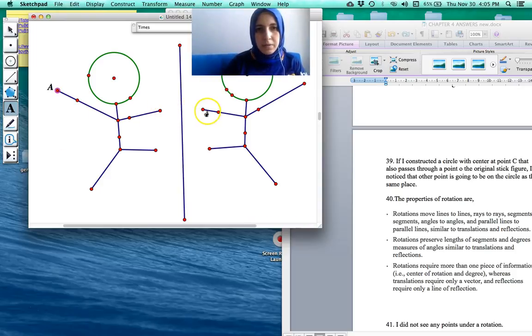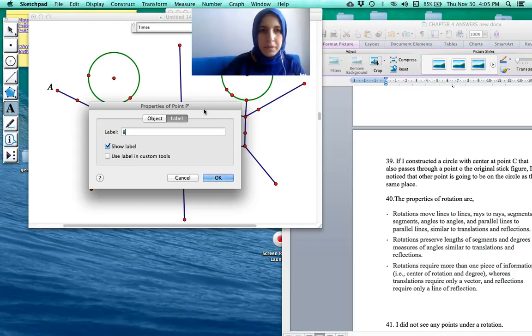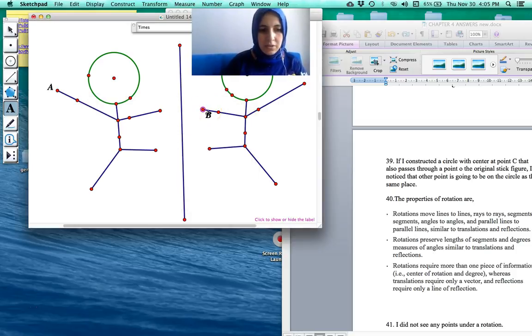Let's pick this one as B. Yes, it doesn't change anything.